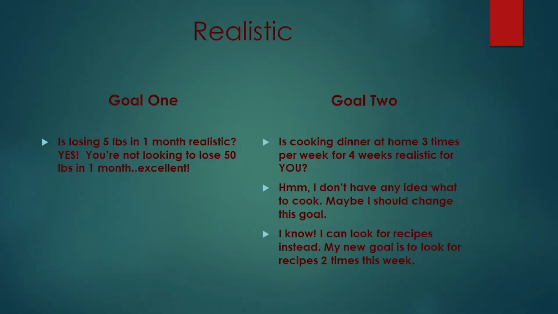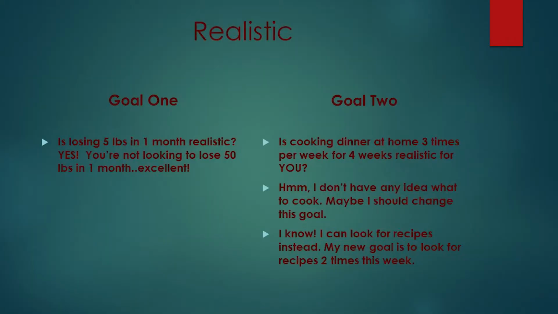Make sure that you know you can achieve this goal, because especially your first couple, okay? This is where you're going to start building your success. And when we succeed, we always want to succeed a little bit more. And it's so much easier to do that when we get ourselves off on a really good start and we build our confidence, okay? So make sure it's something you can complete in your time frame.